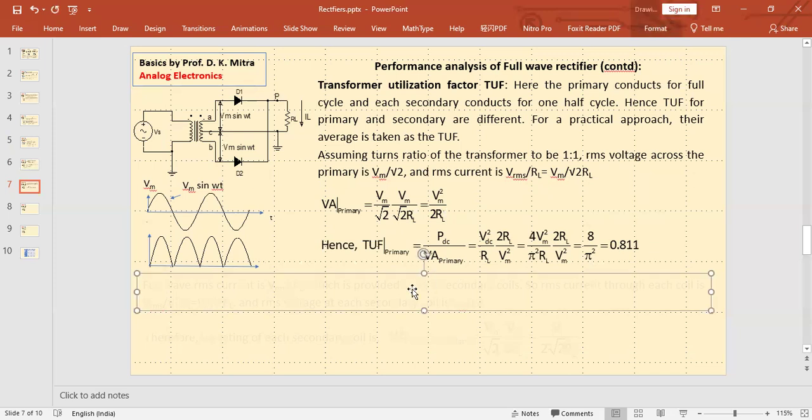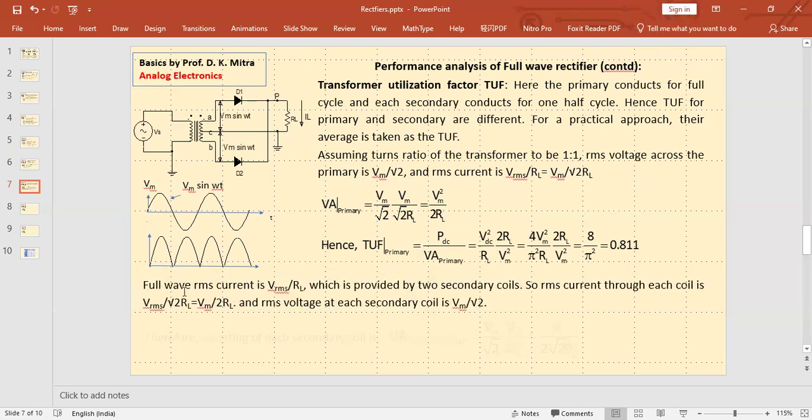Now let's go to the secondary. A full wave RMS current is Vrms by RL, right? This current is provided by not one secondary, but by two secondaries.